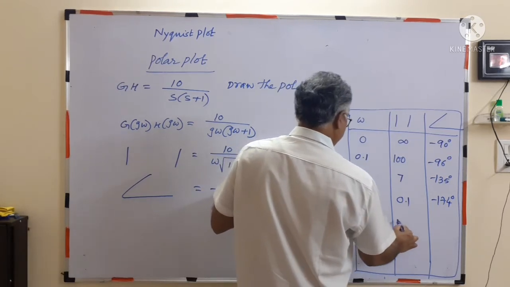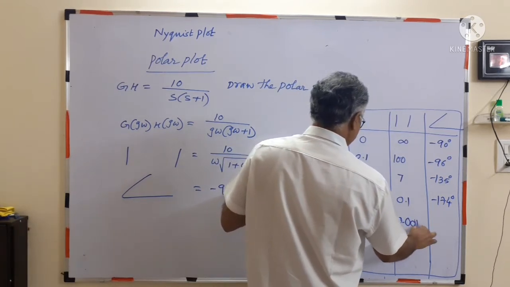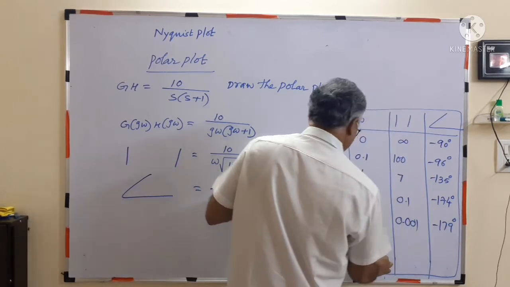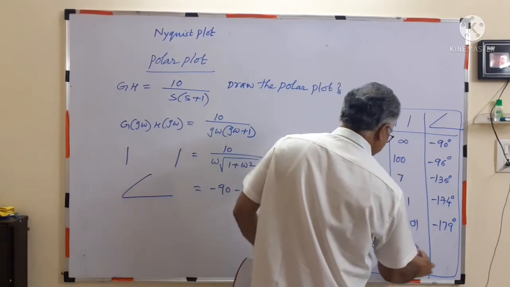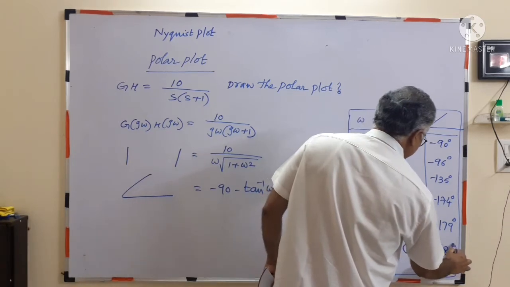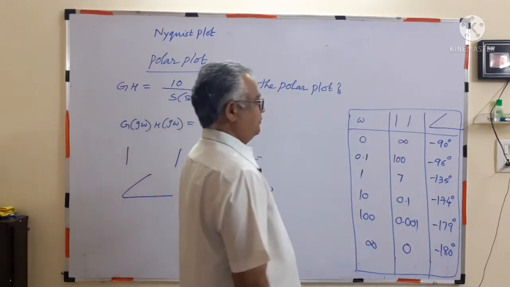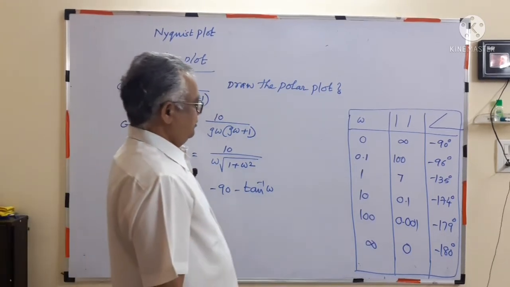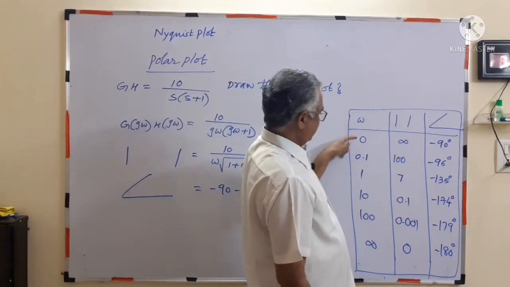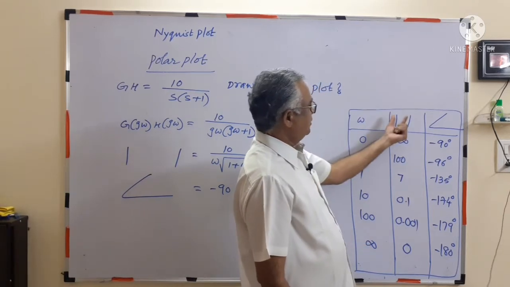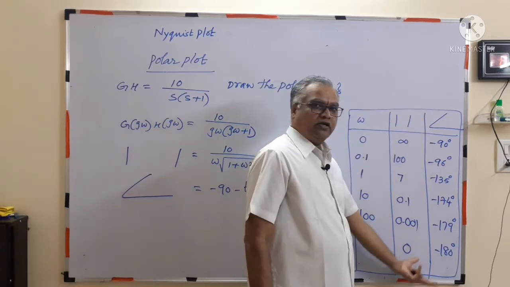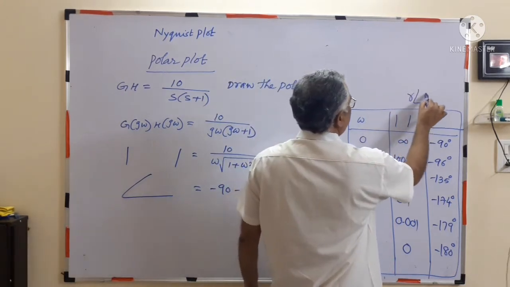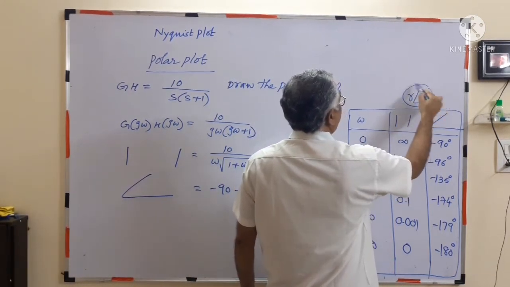If it is 100, magnitude 0.001, minus 179. At infinity, 0, minus 180. So when frequency changes from 0 to infinite, this is how magnitude and angle change. This is the r of theta form. That's why it is called a polar plot.